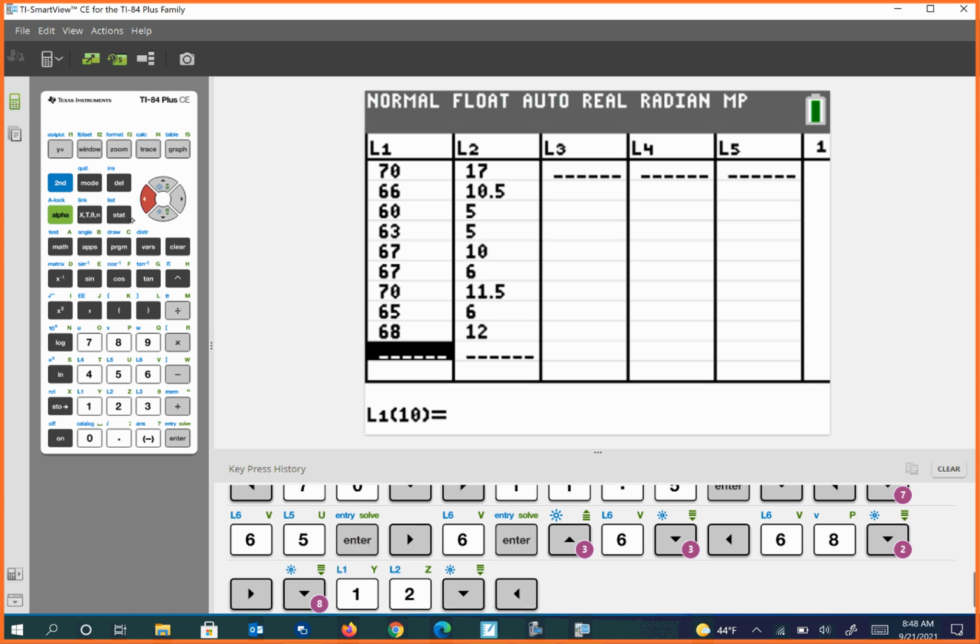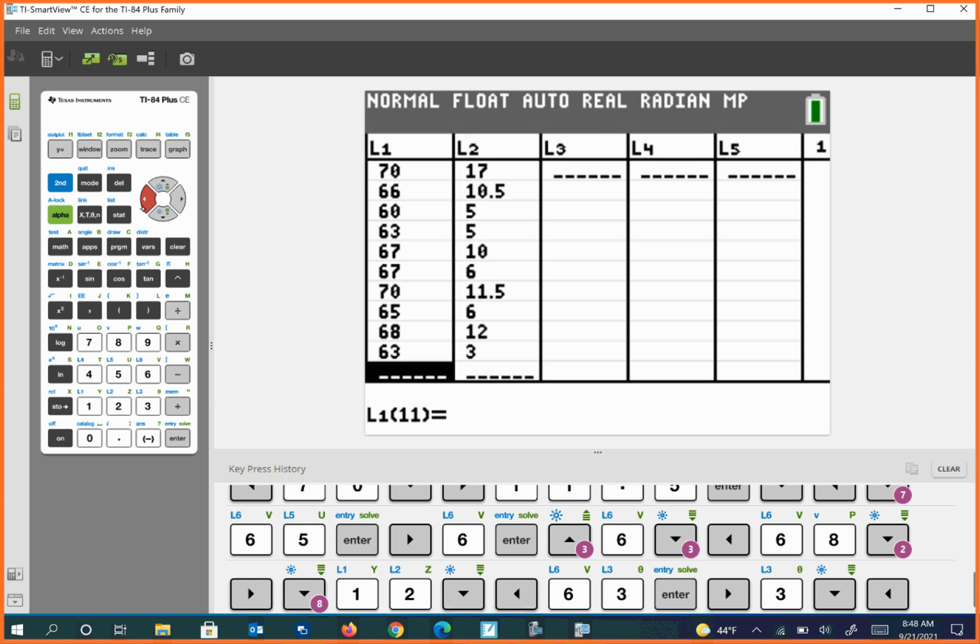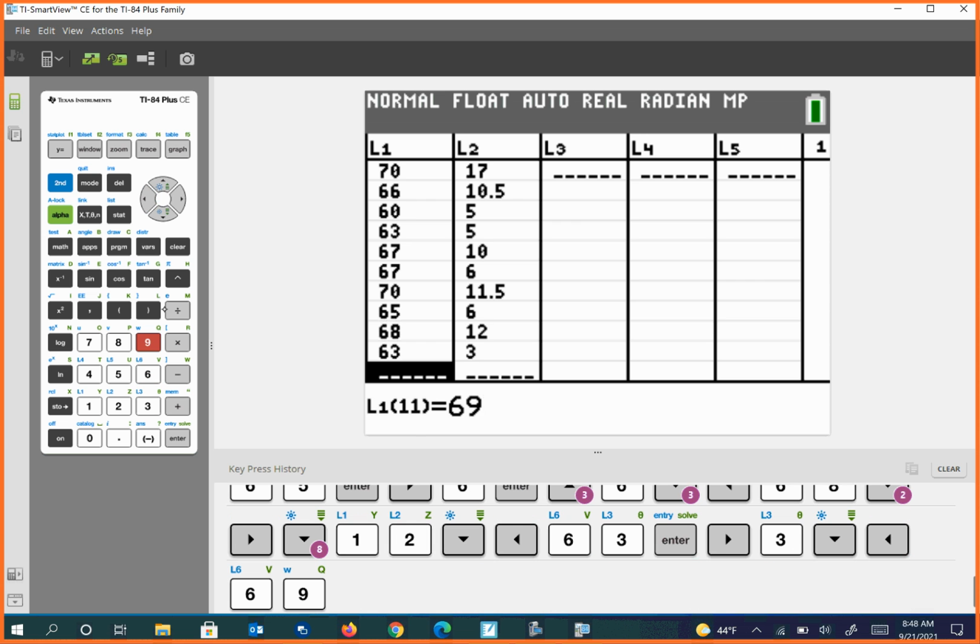Go ahead. 63 and 5. Did you already subtract 2? Are you 5 in women's? Yeah. Okay, so you'll be a 3 in men's. Probably like 69 and size 10.5. Okay, I think we have enough data.